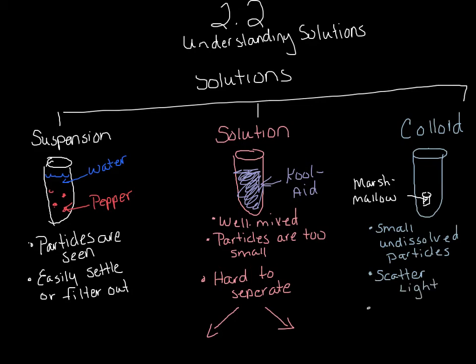And even though the particles are large enough to see, they don't settle out. Okay, we're going to add more underneath here. We're actually going to draw a picture of fog, and then we're going to finish the rest of the solution. So we're going to keep going.